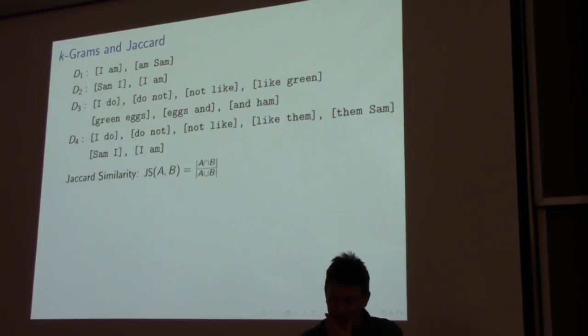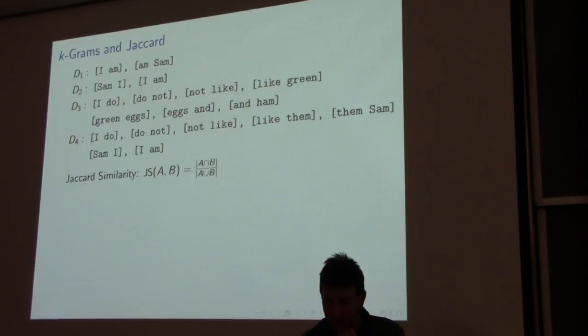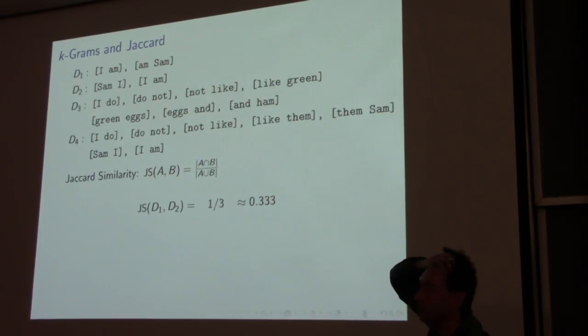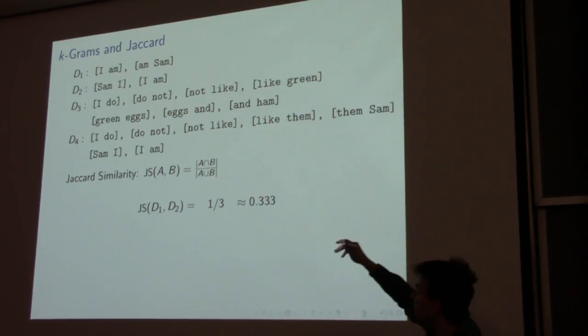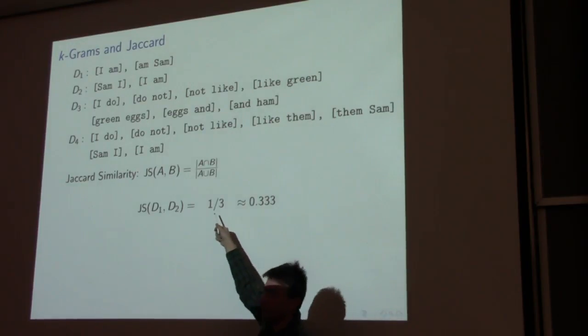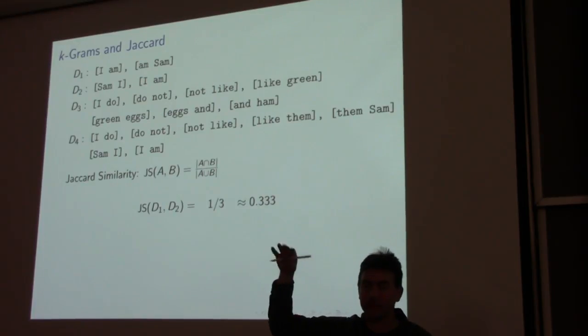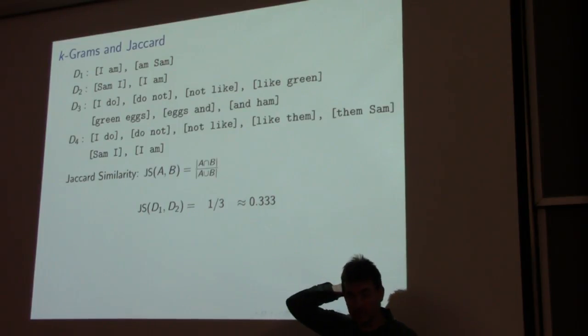Let's calculate the Jaccard similarity between these sets and see how similar they are. For the first two lines, documents D1 and D2, the Jaccard similarity is 1/3, because the one intersection is "I am", and "am Sam" and "Sam I" complete the union.